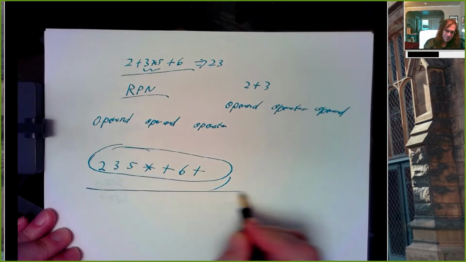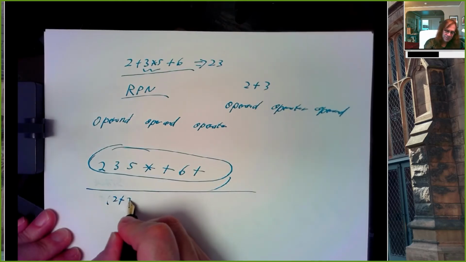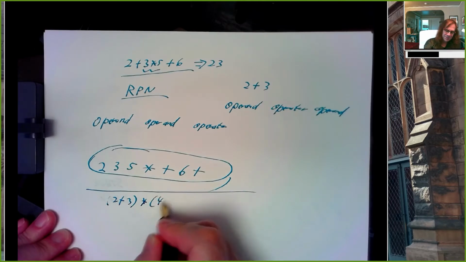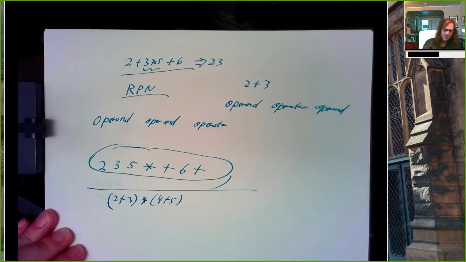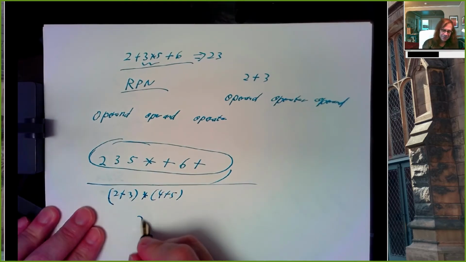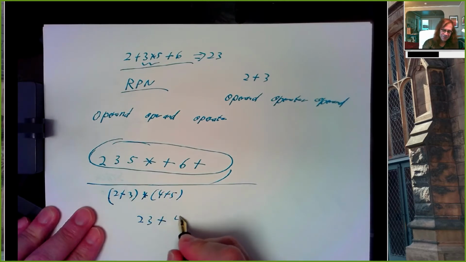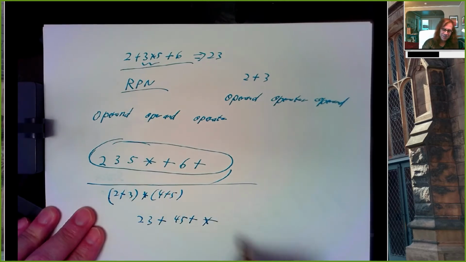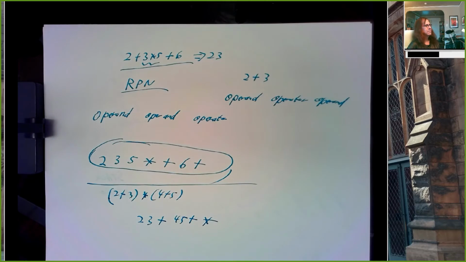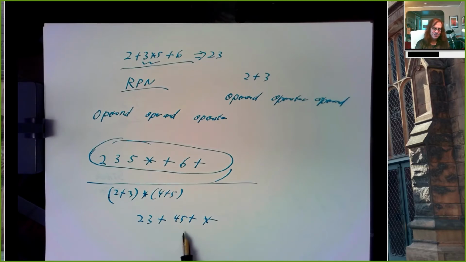If I wanted to do 2 plus 3 times 4 plus 5, in RPN, I could do 2, 3 plus, 4, 5 plus, times. And it says take 2 and 3, add them, take 4 and 5, add them, and then multiply the last two answers. Embrace the discomfort.